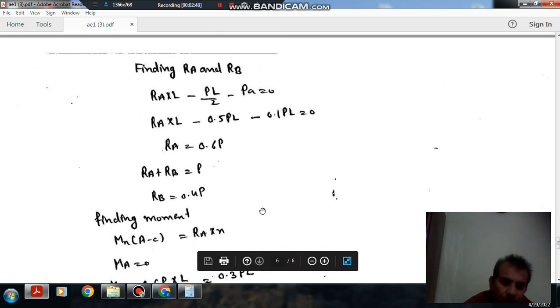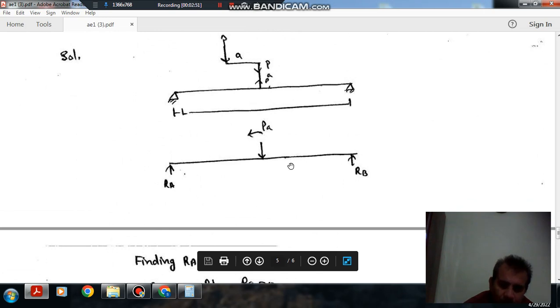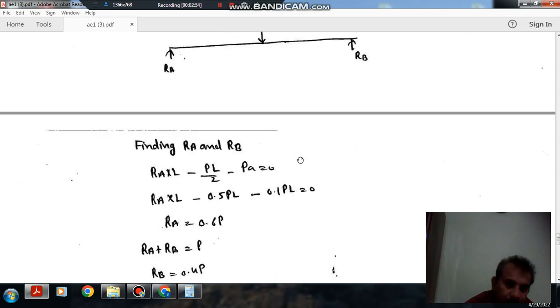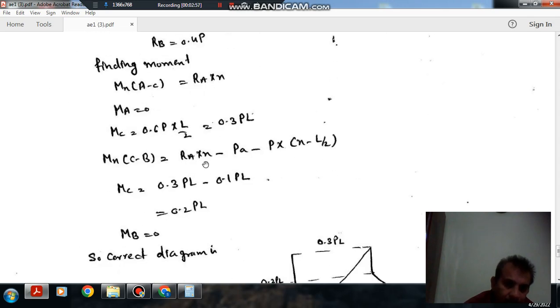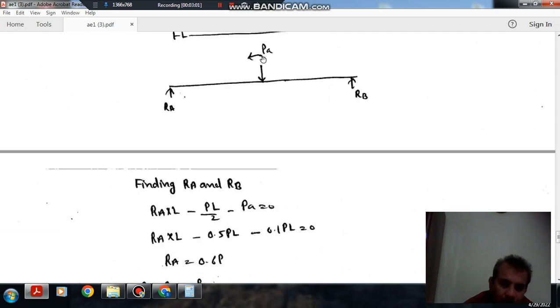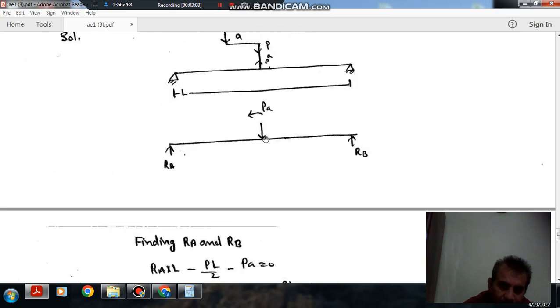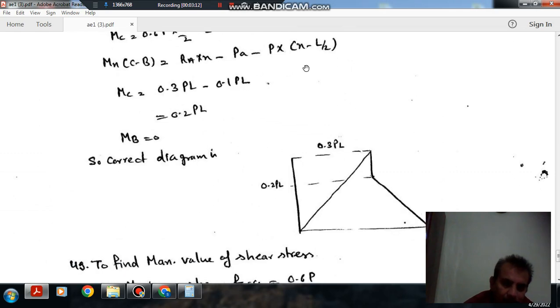Now to find the equation of moment between C and B, it will be RA into x minus PA minus P into x minus L by 2, where this is L by 2.